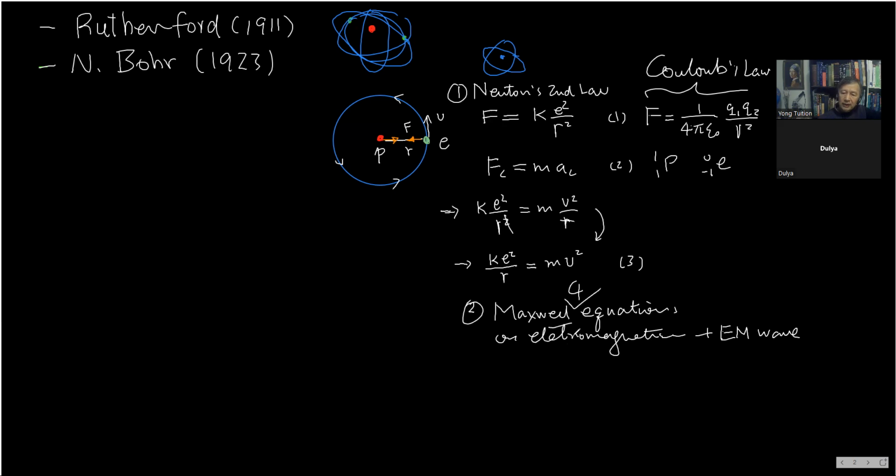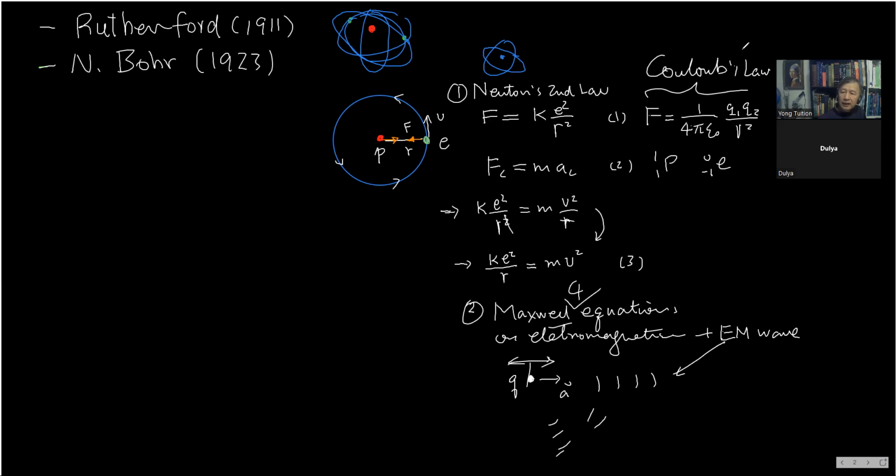According to Maxwell's theory equations, if the charge is accelerating, if the charge is oscillating, it will emit energy, and this energy is the electromagnetic wave. In other words, the energy of the charged particle will decrease.